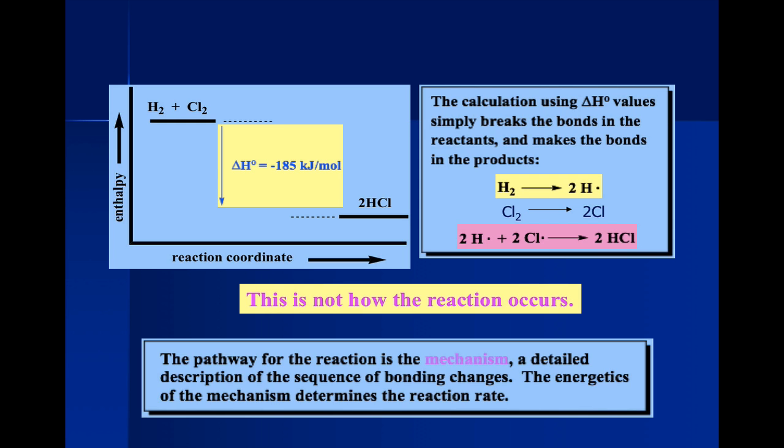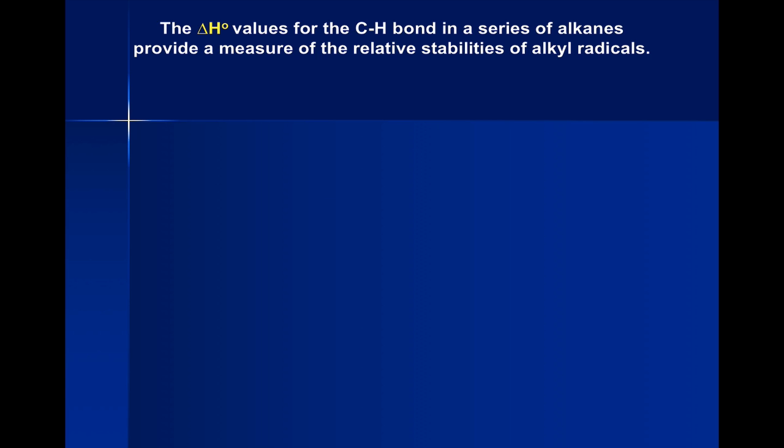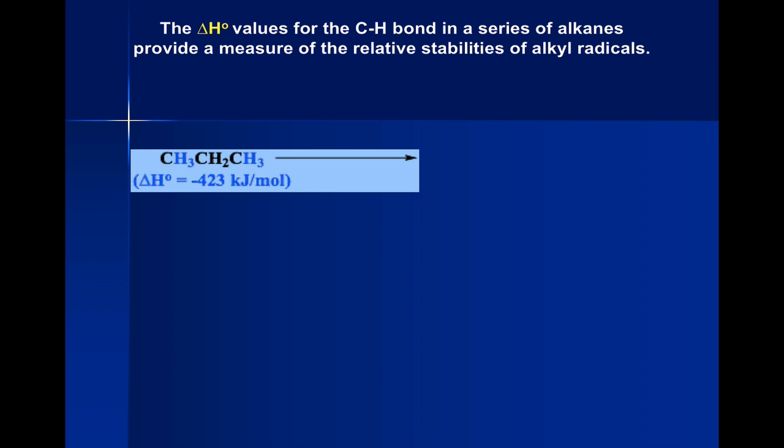And so you're not going to have hydrogen and chlorine just spontaneously break down into radicals that then somehow miraculously rearrange or find each other and form HCl. It just doesn't happen that way. These reactions actually are what are called chain reactions, and we'll talk more about the mechanism of those in just a moment.